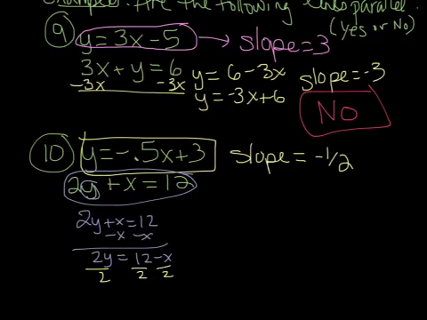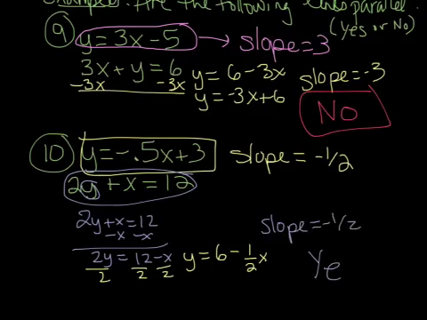Make sure that you divide everything by the 2, not just the 12. So you end up with y equals 6 minus x over 2. So remember, x over 2 is the same thing as 1 over 2 times x, which is 1/2 x. So in this case, I'm also going to get a slope of negative 1/2. So this one actually is going to be a yes.